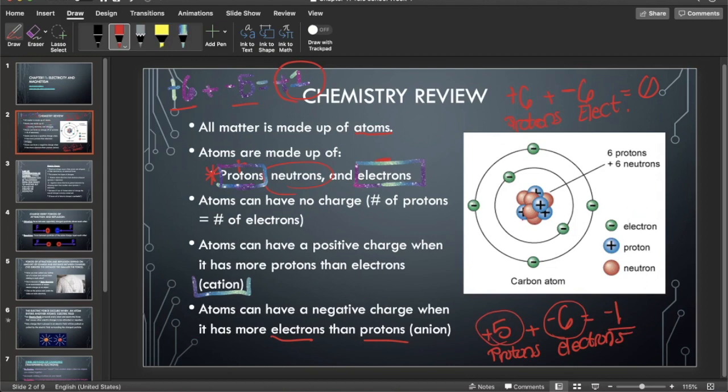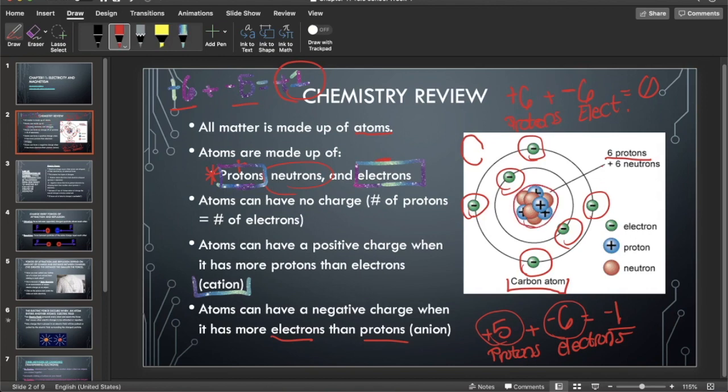Here we're looking at a carbon atom. Remember, carbon is the big C. We have 6 electrons and 6 protons, although it doesn't show all 6 here, they're probably hiding behind the neutrons inside the nucleus.